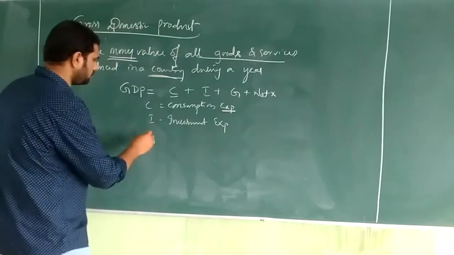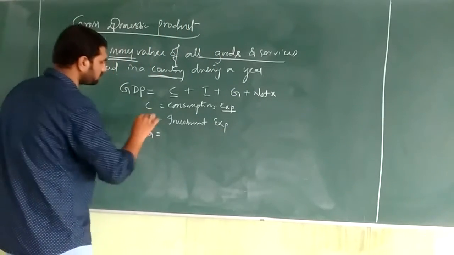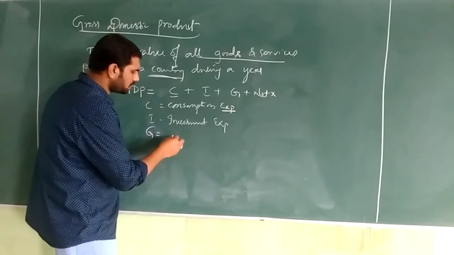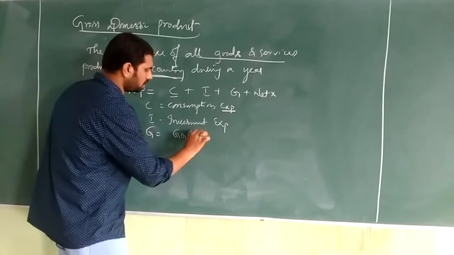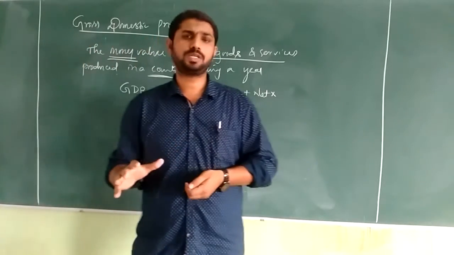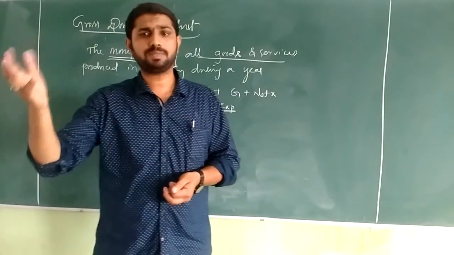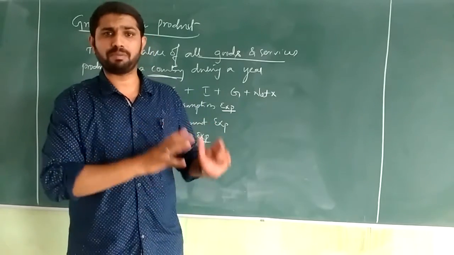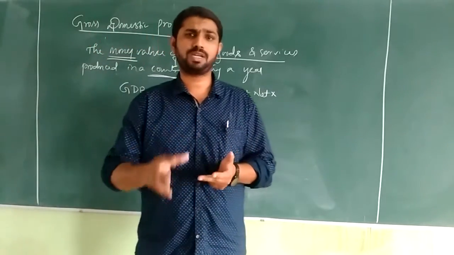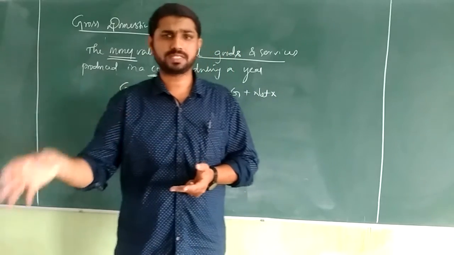Coming to the third one, that is called G. G stands here for government consumption as well as expenditure. So not only do the people of the country spend money, even the government does the same for running the public sector, like public companies, public factories, public utility services.